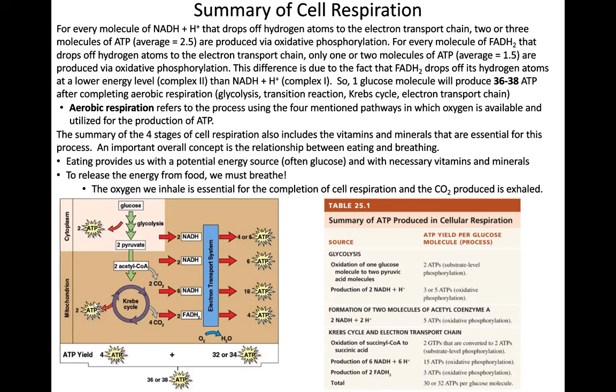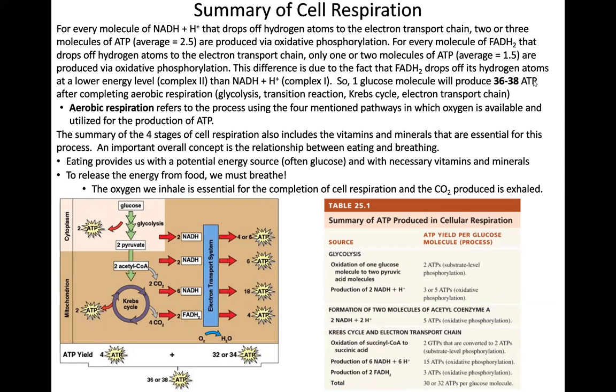So between those 3 steps, we've got 4. And then from the electron transport chain, it's 32 to 34, which if you add 4 to 32, that's 36. If you add 4 to 34, that's 38. So this is the total sum.